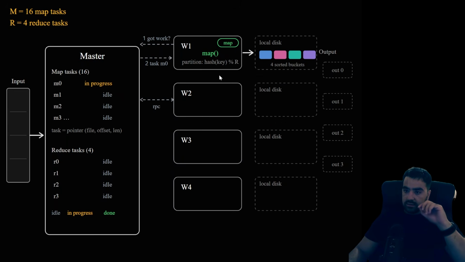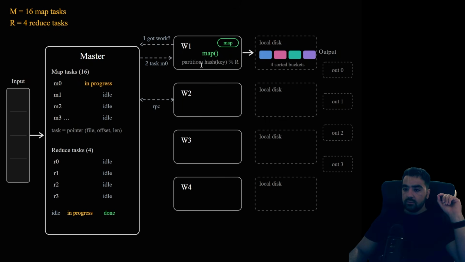The way that it will write to that local disk is that it will first of all split the local disk into multiple partitions, where the number of partitions is equivalent to the number of reduce tasks. So in this case, we're going to have 4 partitions on the worker disk.